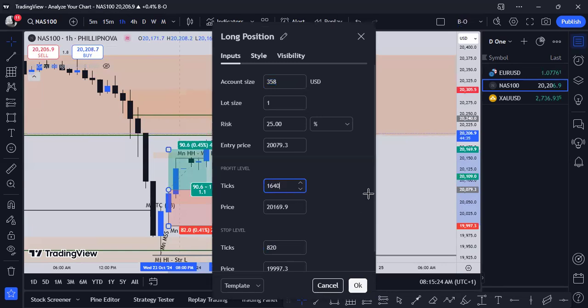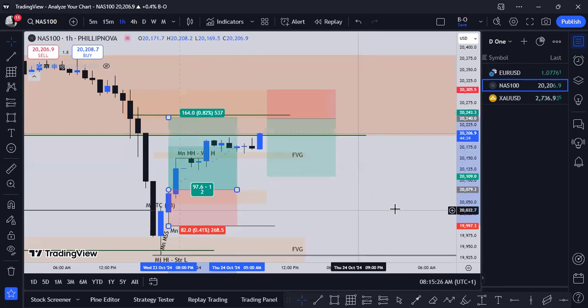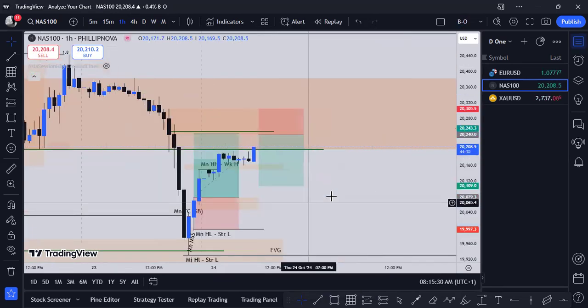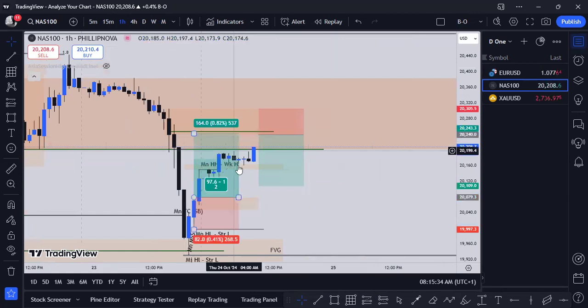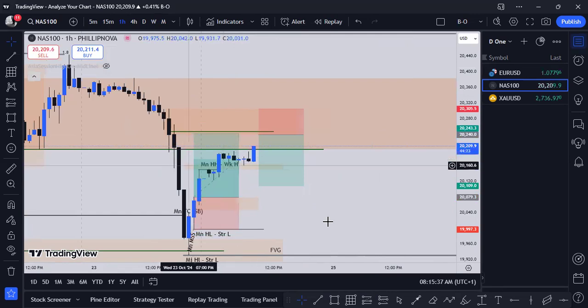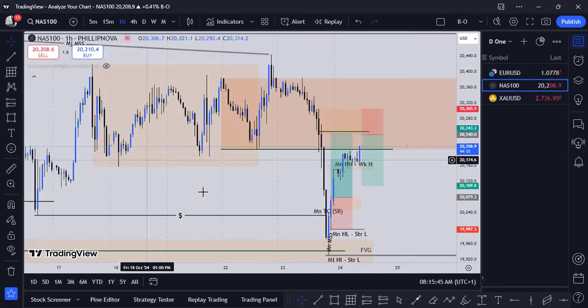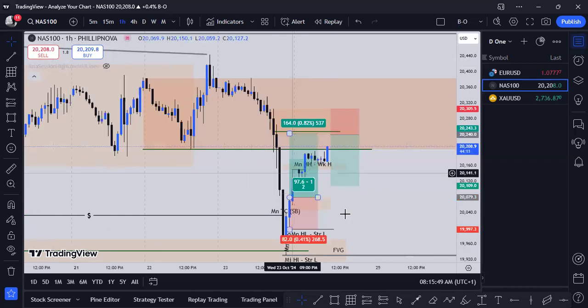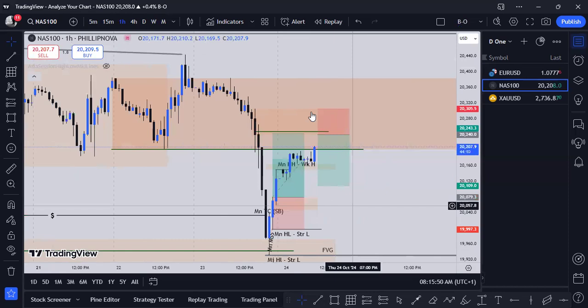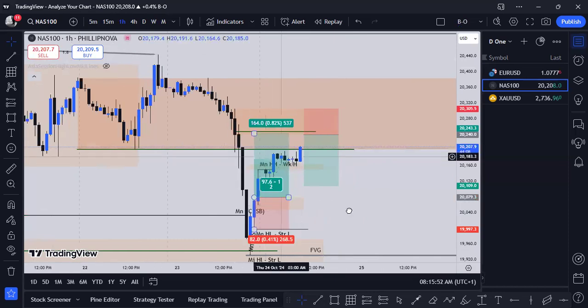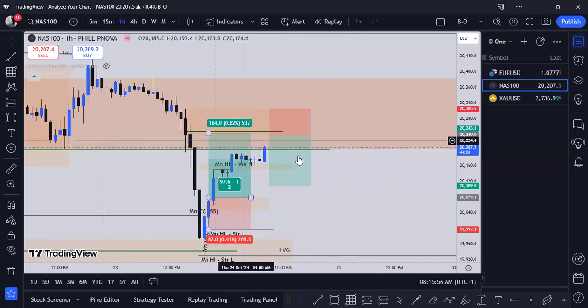So we can set that out and expect markets. This is the Asian range here, as we can see, market has already come beyond. But you know, NAS100 can be volatile sometimes. So we can anticipate a lot of things from it and position ourselves this way and maximize whichever one gives us the opportunity.